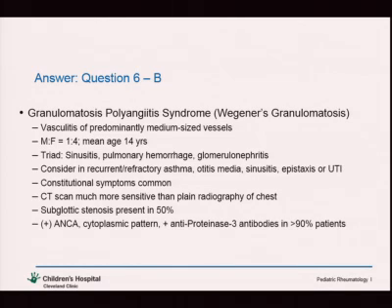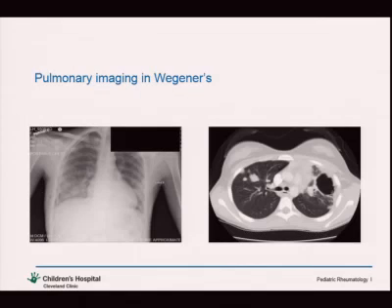ANCA is the characteristic antibody. If you have a positive ANCA, Wegener's patients tend to have a C-ANCA, and anti-proteinase 3 is the specific antibody that's positive in the majority of patients.